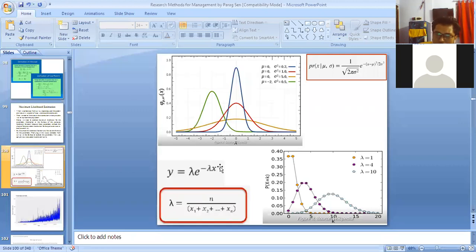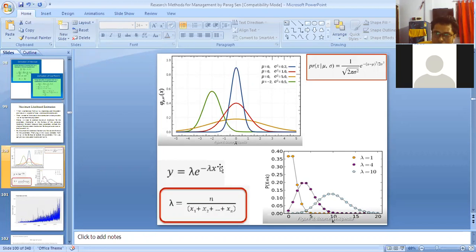In the Poisson distribution, suppose within 1 hour you are getting 5 calls, so 5 calls per hour or 6 calls per hour. Whenever you are focusing on calls per hour, or some events per some time or per some volume, then you will apply the Poisson distribution.